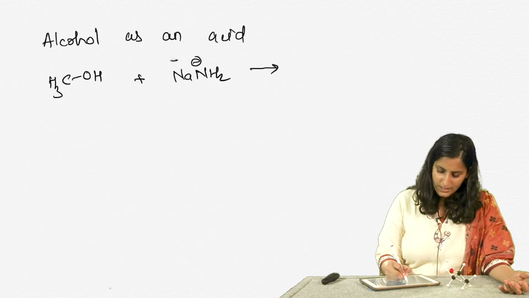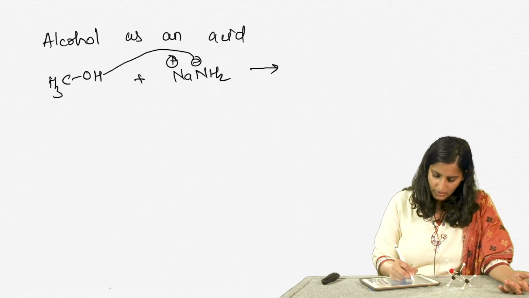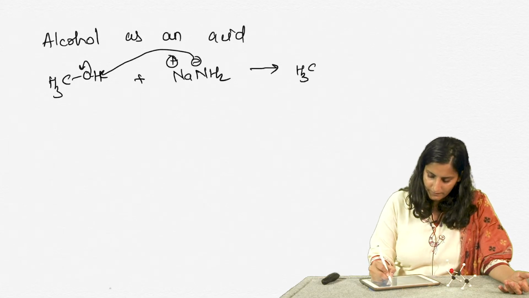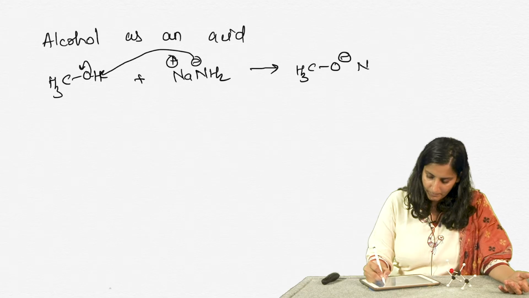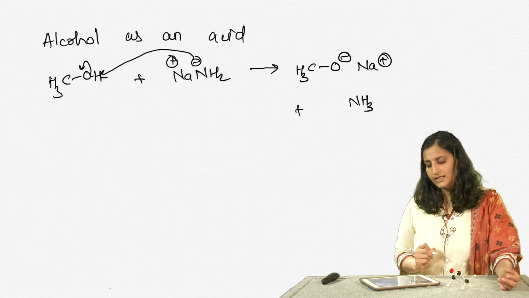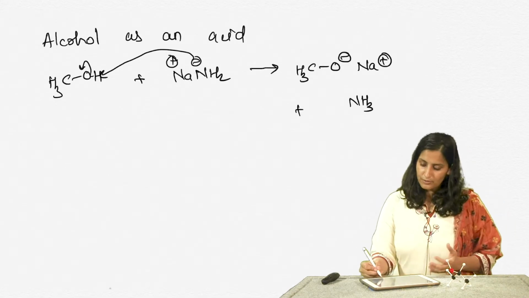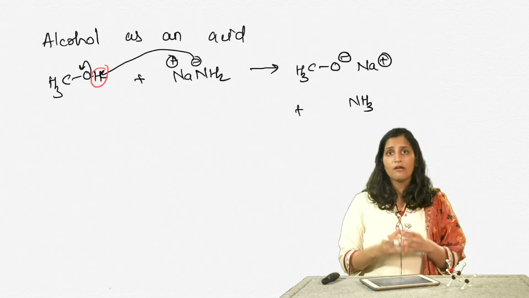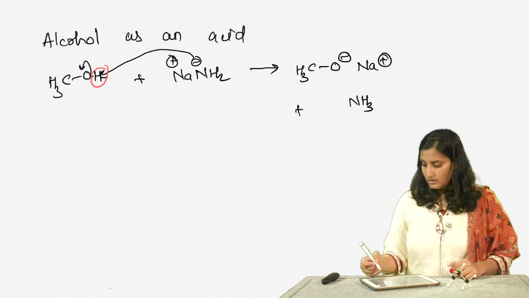Then what we see is that this will easily grab this proton, creating methoxide and ammonia, right. This is when the hydrogen here is going to be given off and the alcohol methanol is going to act as an acid.